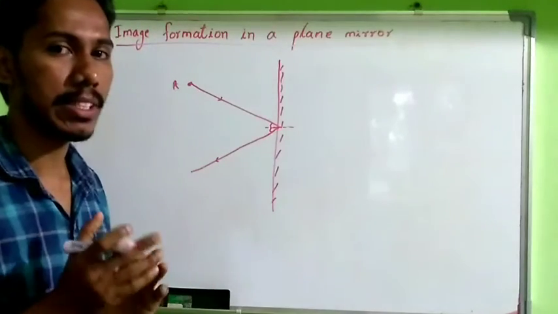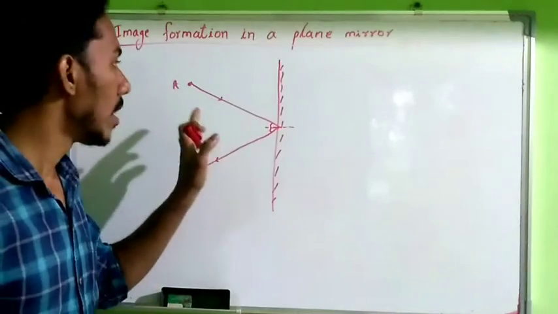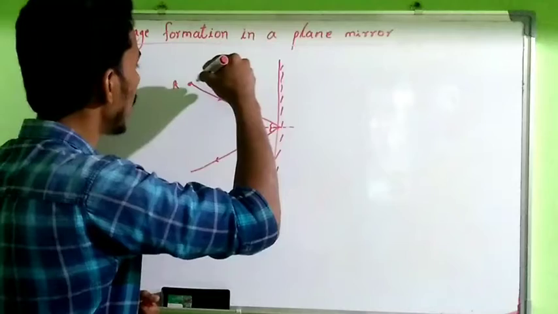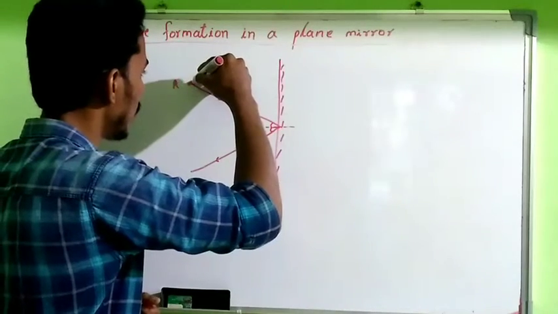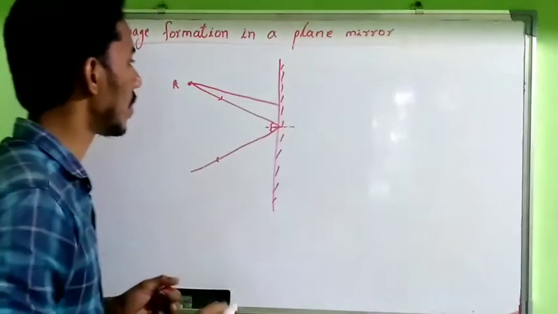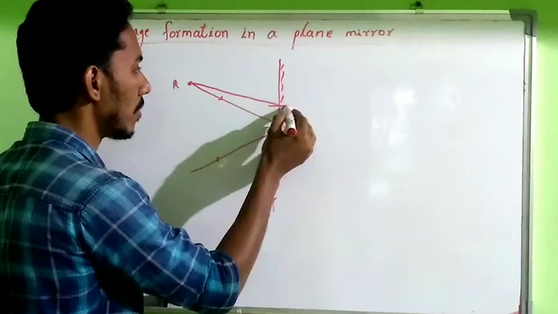For the image formation, we need multiple rays. So we are drawing another ray. Okay, we draw another ray. Then it also obeys the law of reflection.